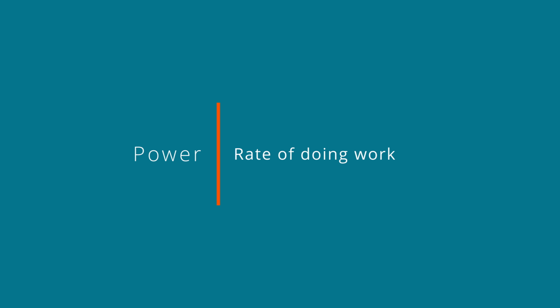Since power is the rate of doing work, whenever you see or hear the term rate of, you must know that the quantity that comes after of is divided by time. So when you say power is the rate of doing work, we mean power is work divided by time.